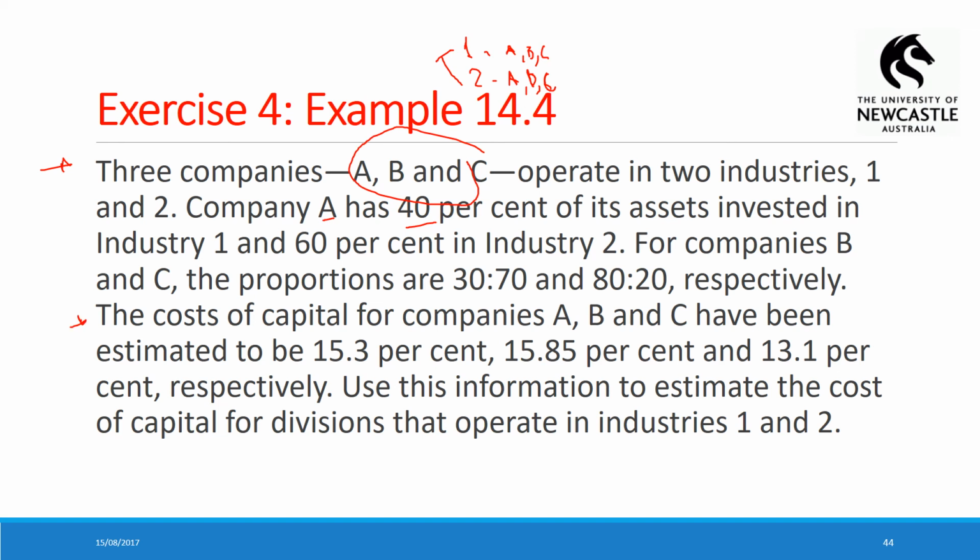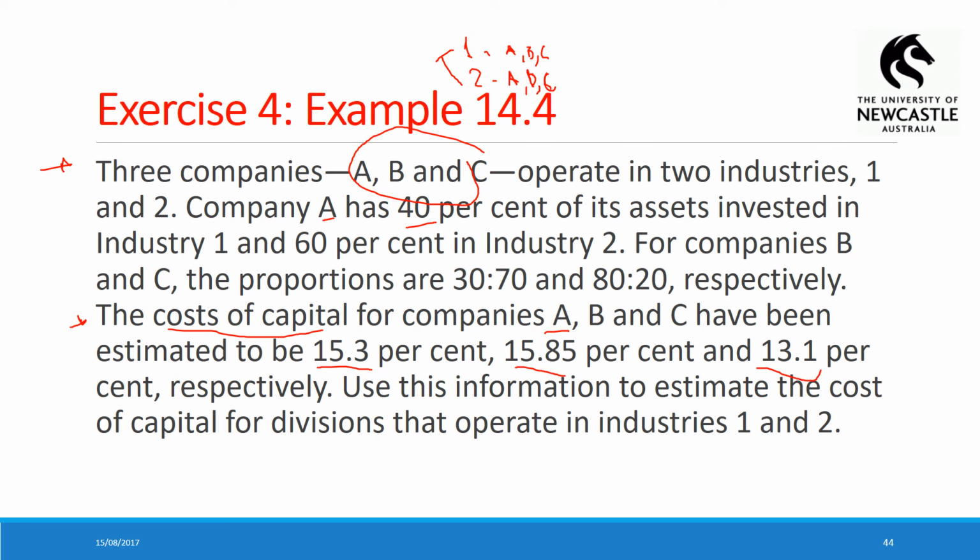We further observe the total cost of capital for each company, right? So company A's cost of capital is 15.3. Company B's cost of capital is 15.85. And company C's cost of capital is 13.1.